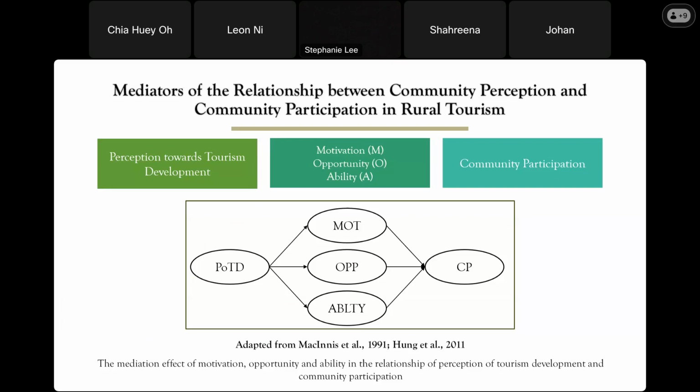And later, after a decade, Hong et al. actually introduced this model to the domain of behavioral research on community participation in tourism development. So this integrated model was developed after considering the effects of perceived tourism development impacts on the social, economic, and environmental aspects of rural tourism development.